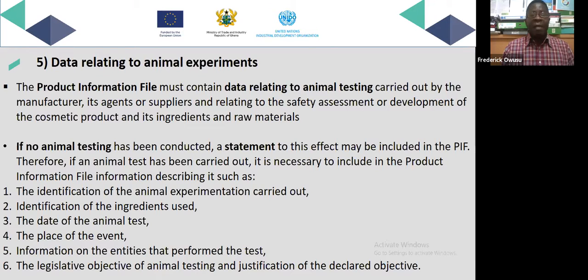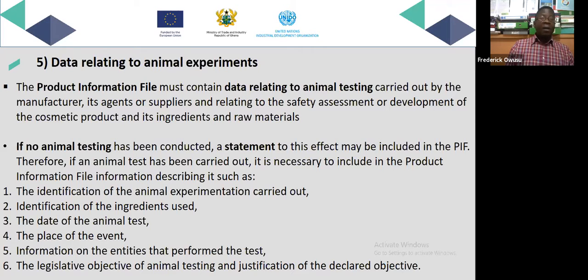If an animal test has been carried out, it is necessary to include in the product information part any piece of information describing it as such. One, the identification of the animal experimentation carried out. Two, identification of the ingredients used. Three, the date of the animal tests.